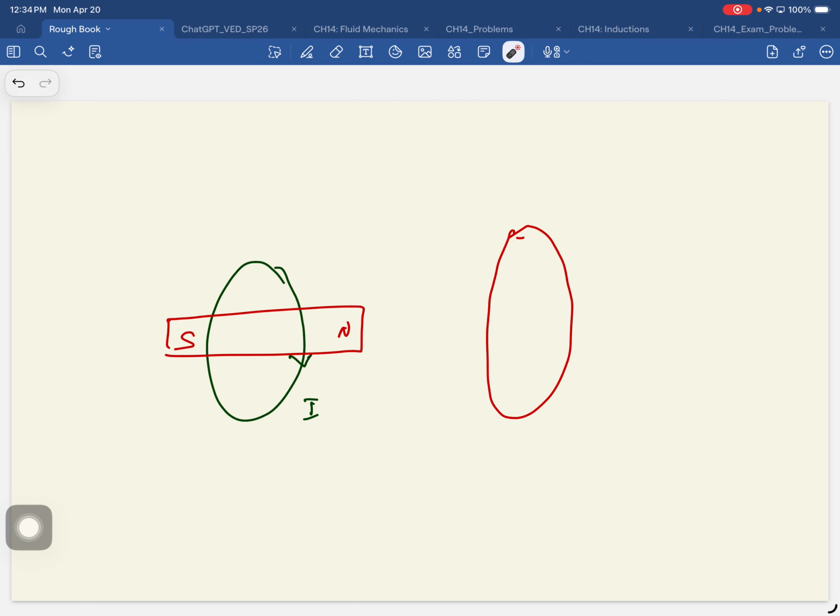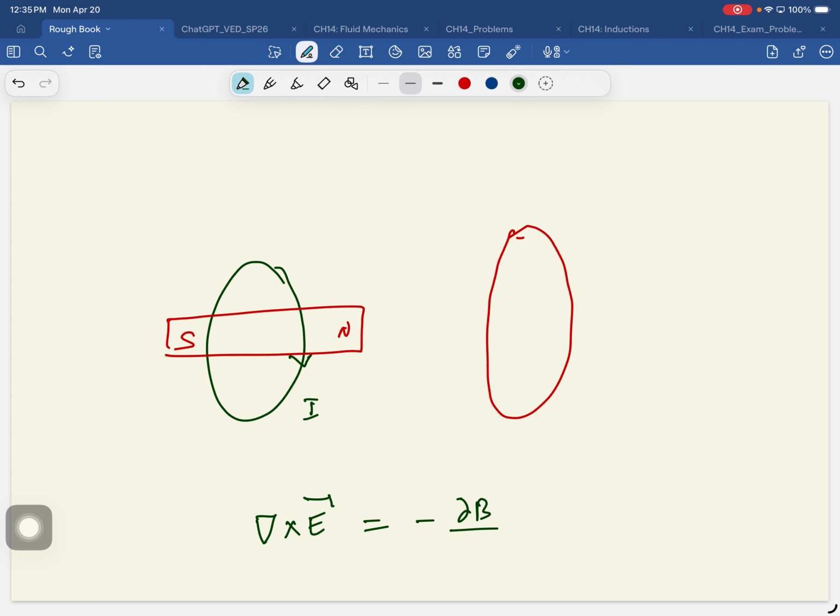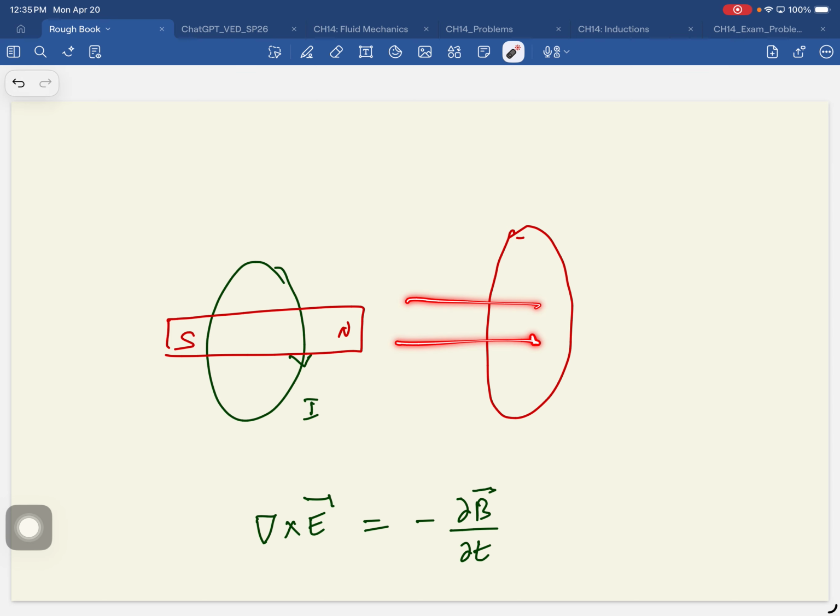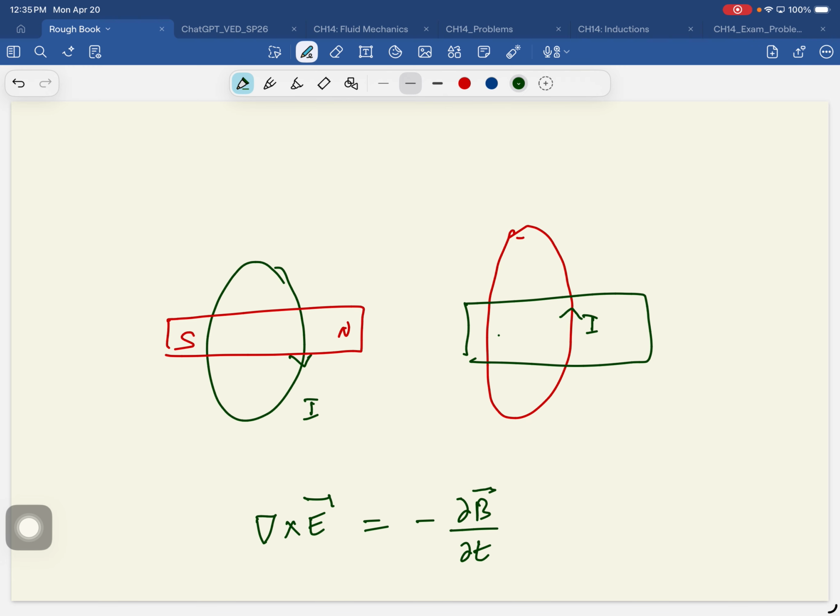And what this equation tells you is curl E equals minus del B by del t. As the magnetic field through this coil increases, there's an electric field induced, and the electric field induced is such that the current is in the opposite direction, which is trying to oppose the magnetic field that's producing it.